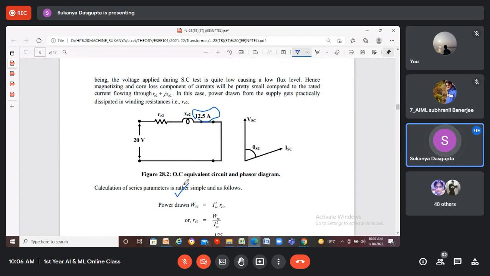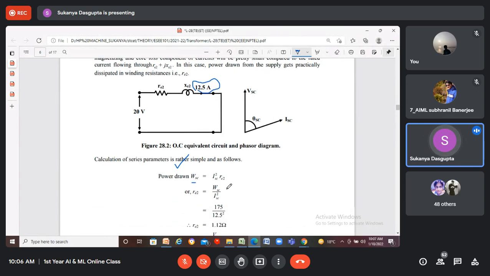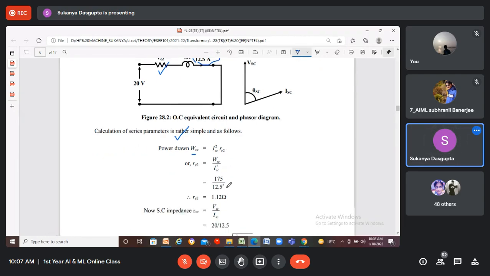If you connect a wattmeter, you can calculate the power drawn by the circuit, that is WSC, or you can calculate it by multiplying RE2, the circuit resistance, with the square of the short circuit current, ISC squared, right?